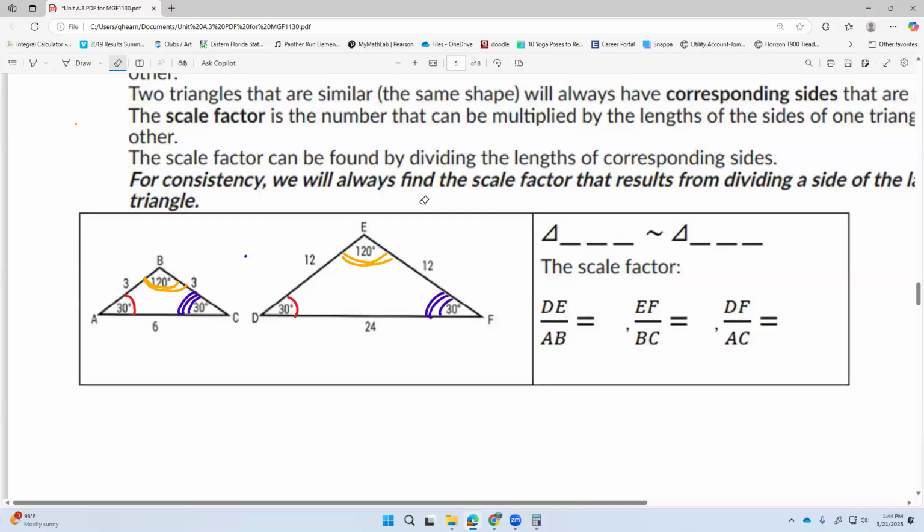And I want you to take a moment and think about what's a number that you could multiply 3, 3, and 6 by, and it would result in the values 12, 12, and 24.